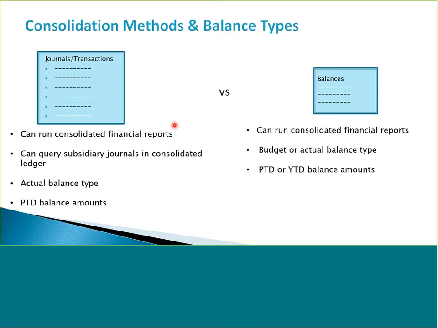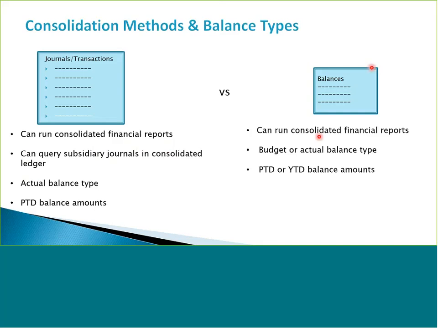However, for the journals or transactions method, you can query journals from the subsidiary, because you have transferred journals from the source ledger to the target ledger or the parent company ledger. So you can query the subsidiary journals in the consolidated ledger.